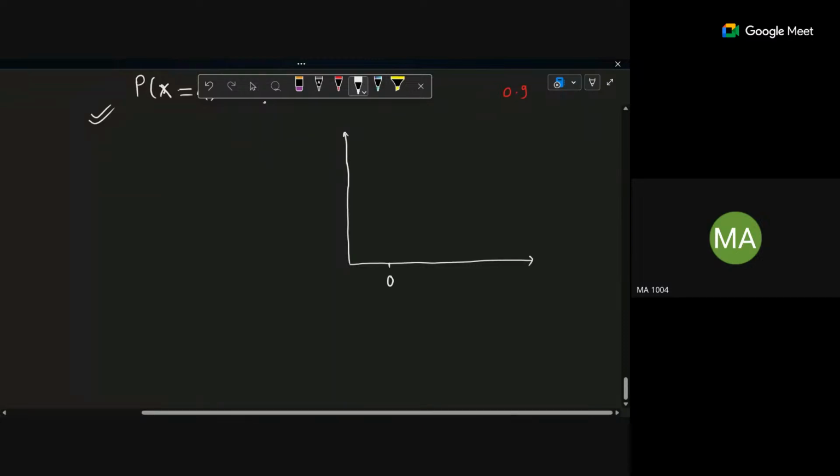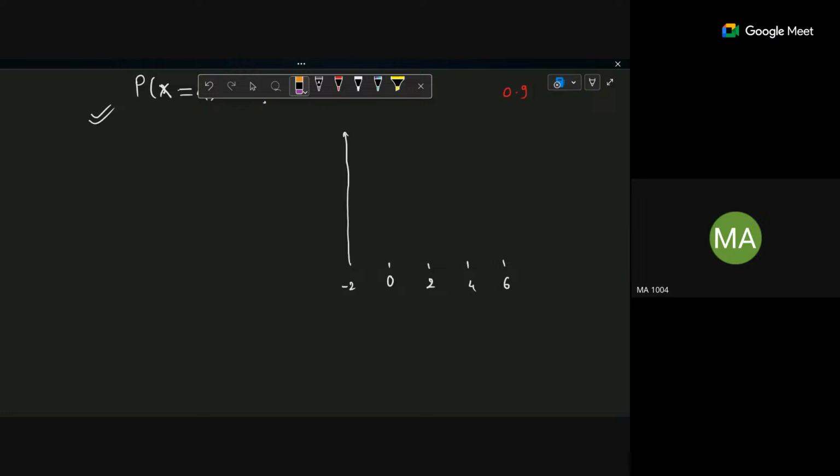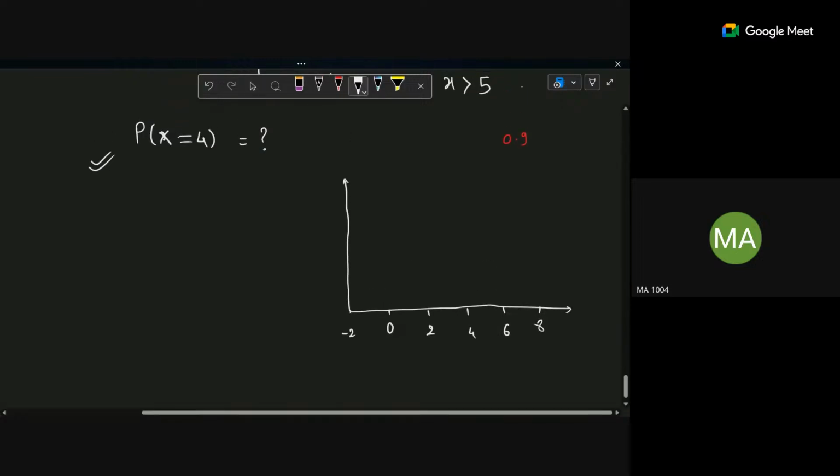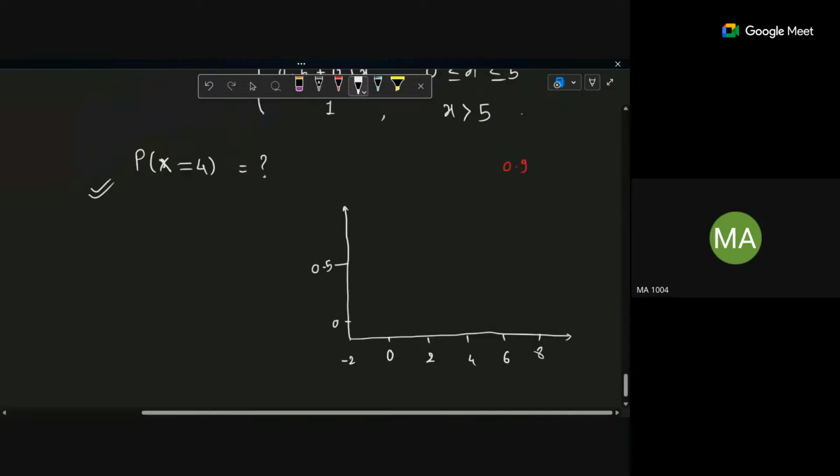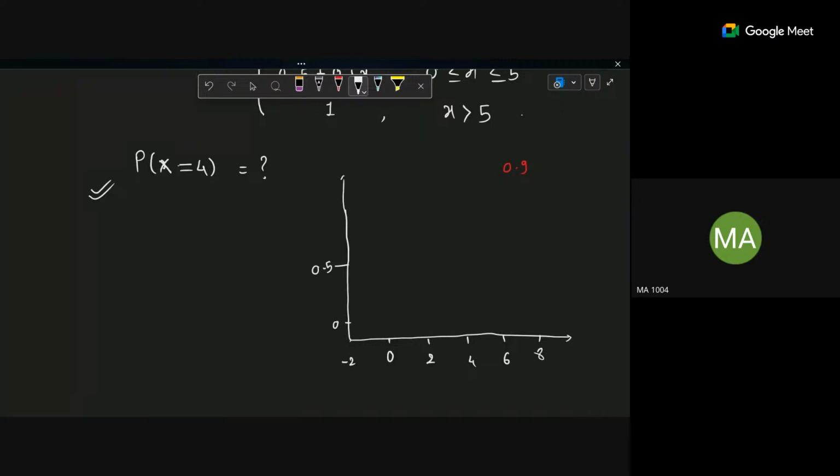Okay, I'm just taking 0 here. 2, 4 and 6 and so on. So how it should be?